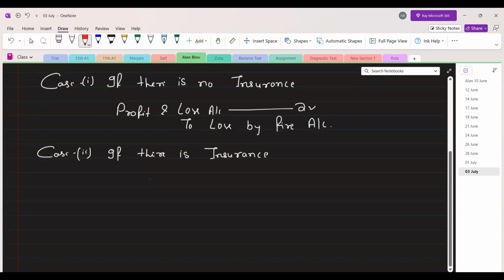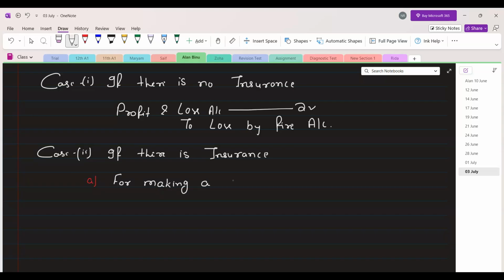So what we have to do, the first entry in this case will be for making a claim, because whenever any loss happens and you have taken the insurance, then you claim the money from the insurance company. So for making a claim, it will be insurance company account debit, because we are asking money from the insurance company.